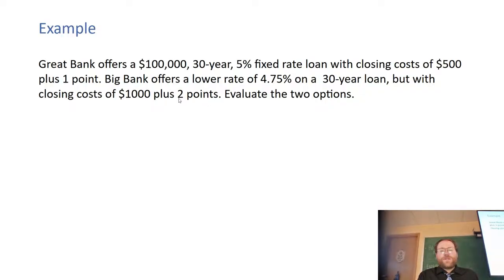So 2 points there would lower it to 2.75, but you would have to give them 2% of the total amount to do that. So you can make that go to 2.75%, but in this case, it would cost an extra $2,000 to do that.